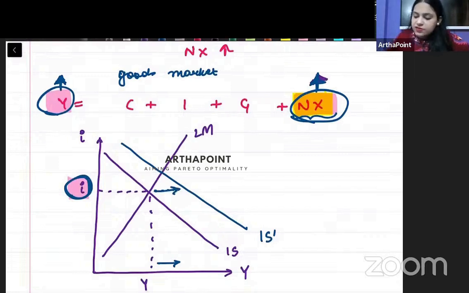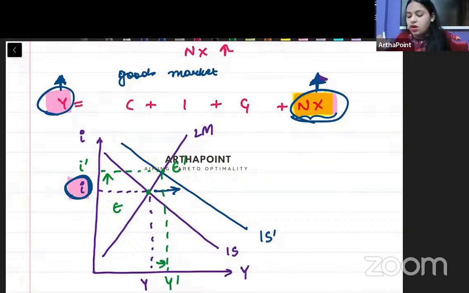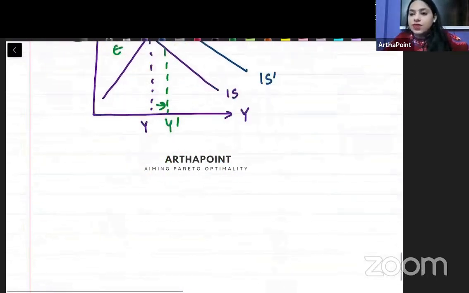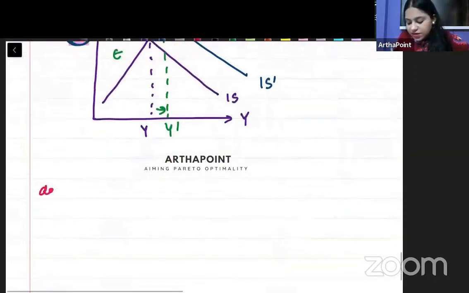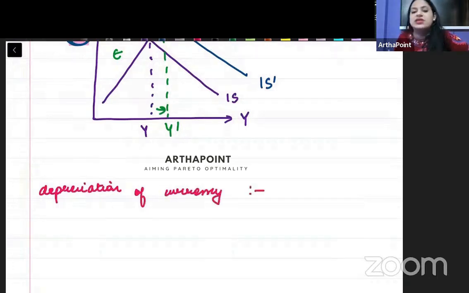And when the IS curve shifted to the right, what will happen to your equilibrium, beta? Initially the equilibrium was at E, the new equilibrium will be at E'. So the interest rate will increase and the level of output will also increase. So we can say that when there is depreciation of the currency, suppose somebody asks you the effect of depreciation of the currency.